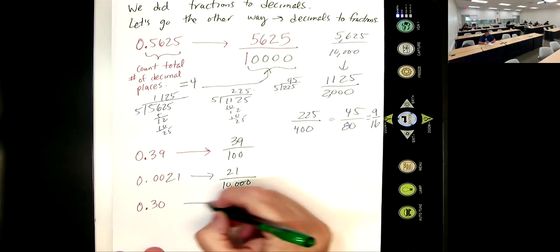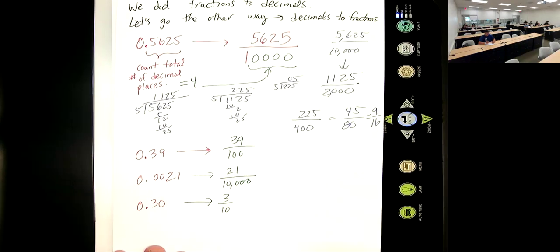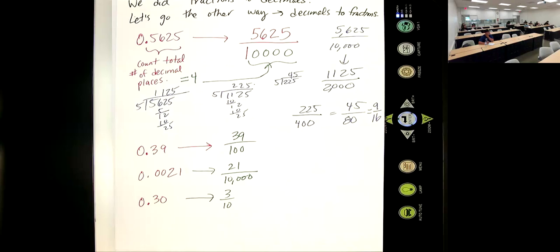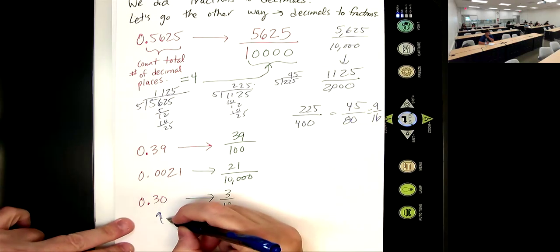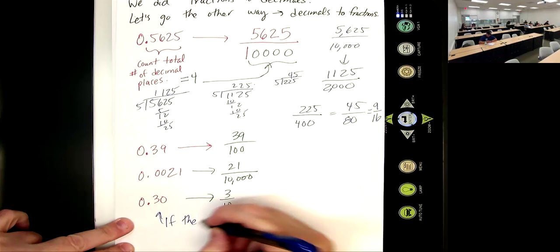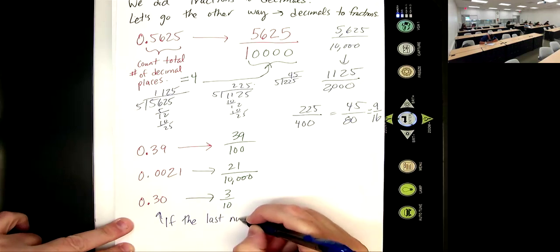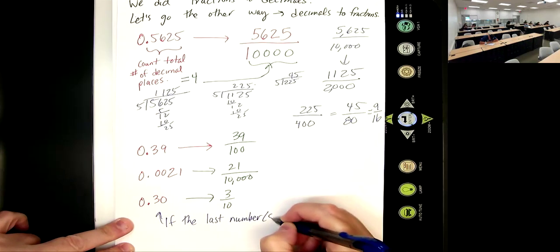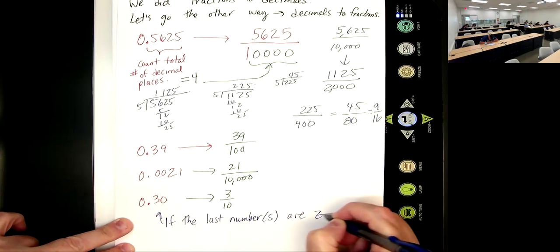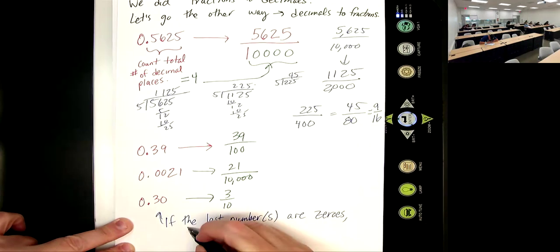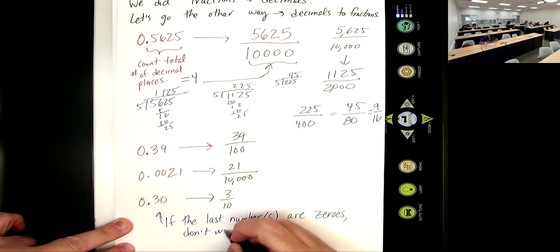But that one is 3/10. So there's a couple ways to look at it. If the last numbers are zeros, you don't need to worry about them, because they're going to cancel anyways.